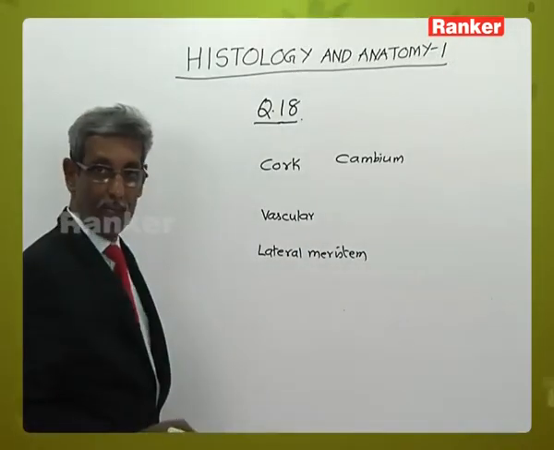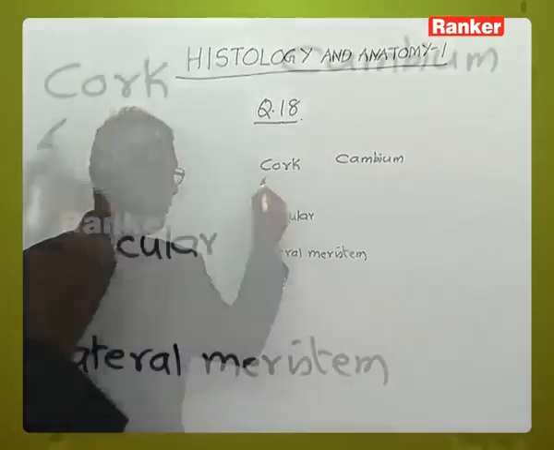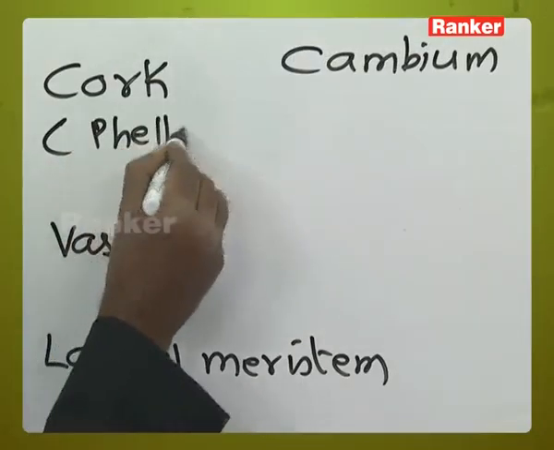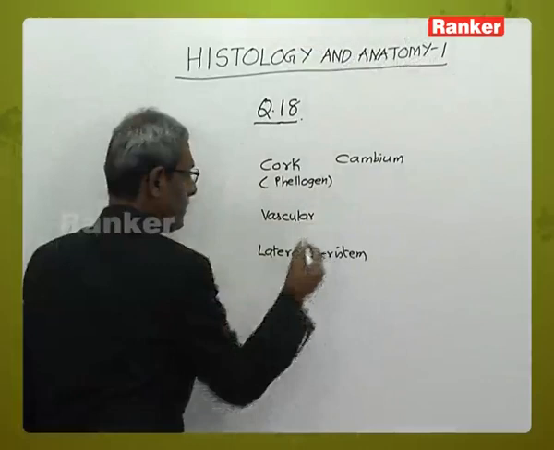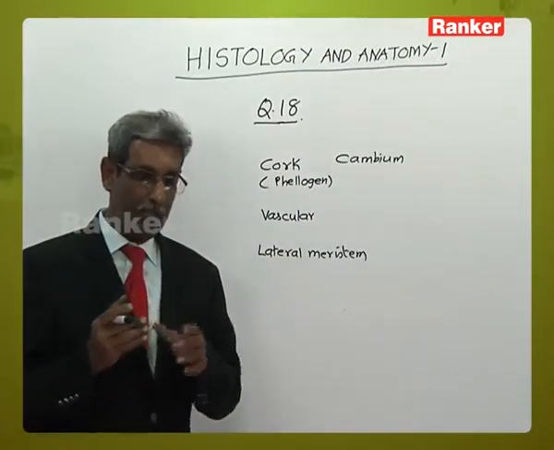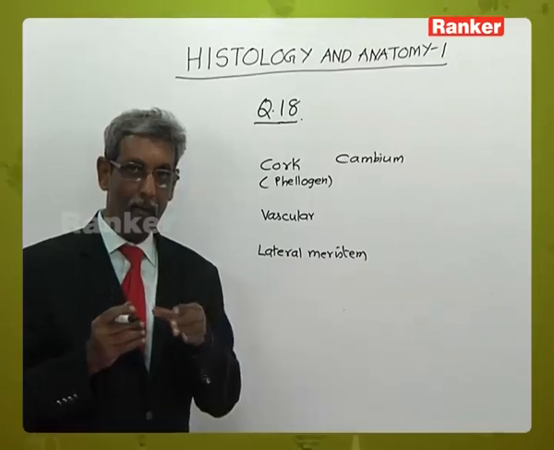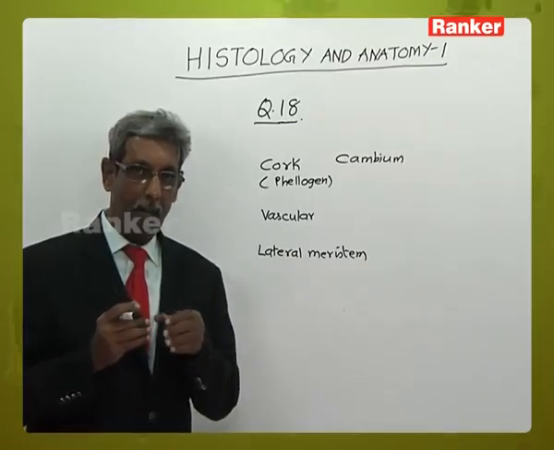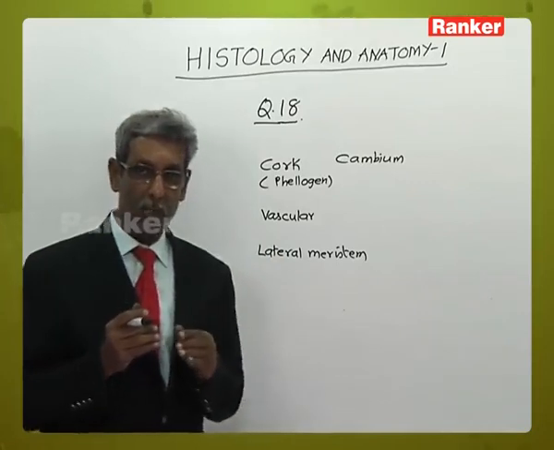The cork cambium is otherwise termed as the phellogen. The phellogen is present outside the plant body. That is, after the primary plant body, we have the phellogen, which is the meristematic region, and it in turn gives rise to the outer bark.